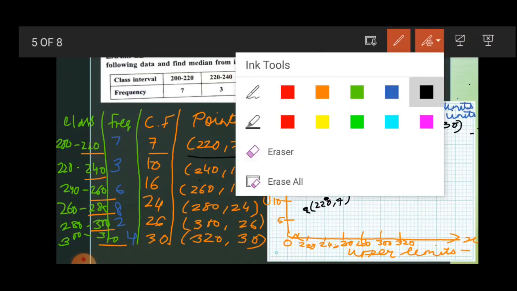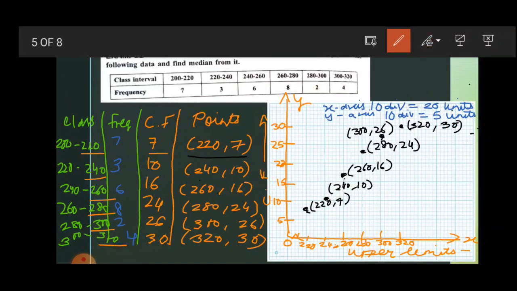Now join the points. This is the less than ogive.